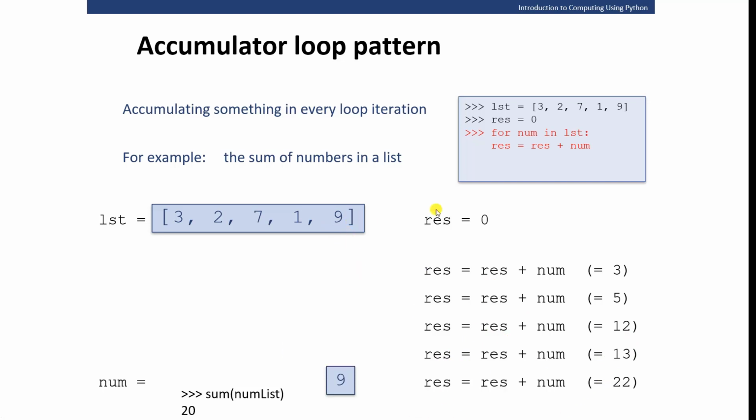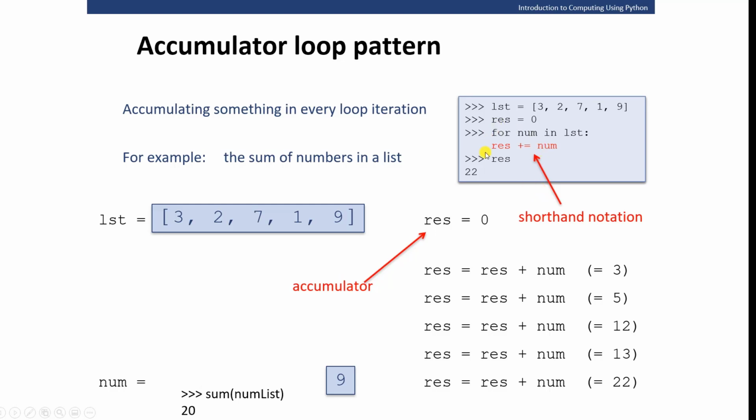22. Okay? Some other guys can say, okay, we don't need to use the accumulator loop pattern. We can use the built-in function sum, and we can sum that list. Okay, and that's it. So this variable that you identified is called the accumulator.